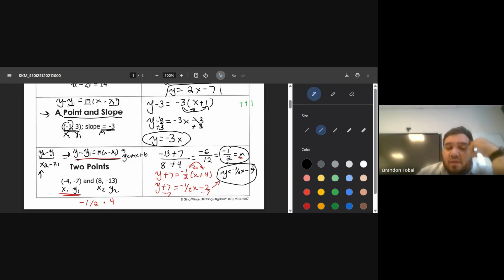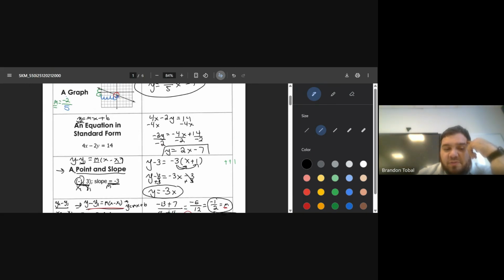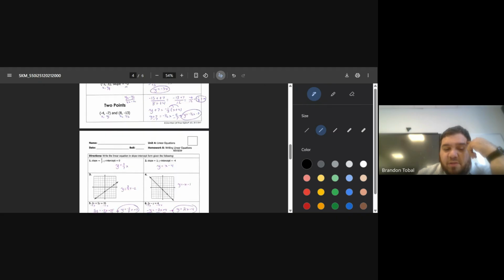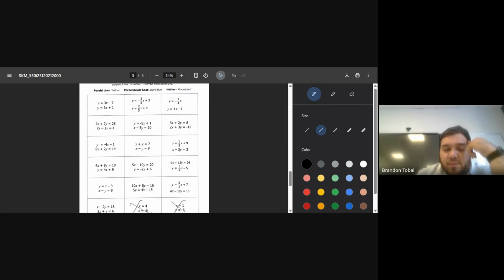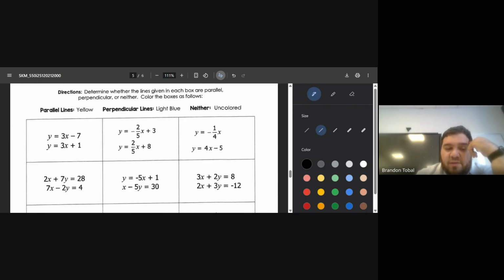Okay. In terms of the first 2 pages of the test, this is pretty much the first 2 pages of the test, is this stuff. The other thing I want to talk about is parallel and perpendicular. So over here, remember, if you have parallel lines, that means the slopes are the same. If you have perpendicular, that means the slopes are opposite.